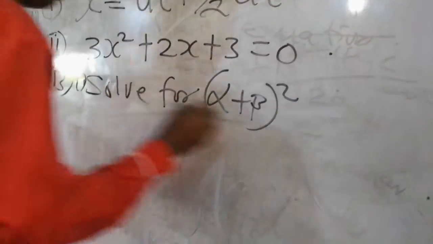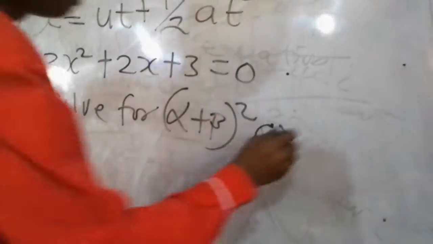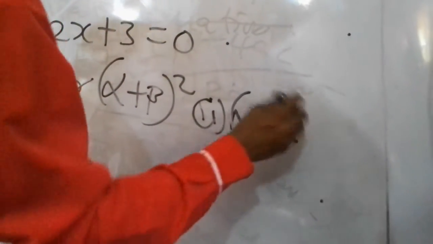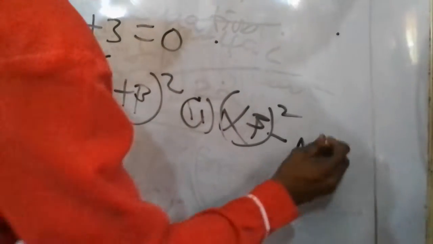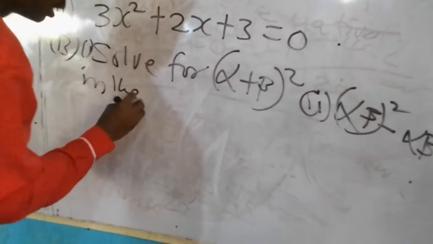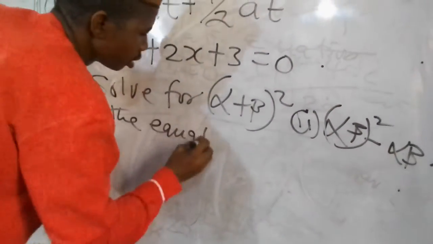That is number 1. Number 2, you have alpha beta, and alpha plus beta squared minus alpha beta.